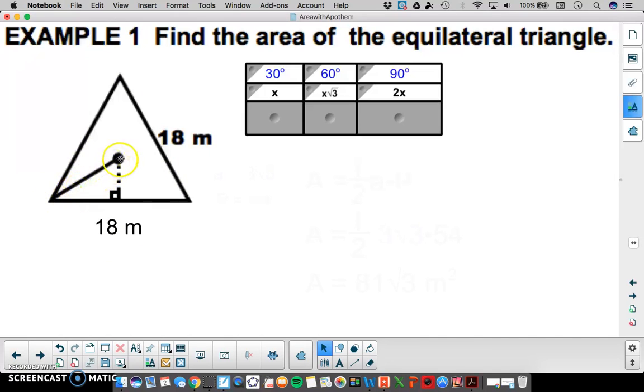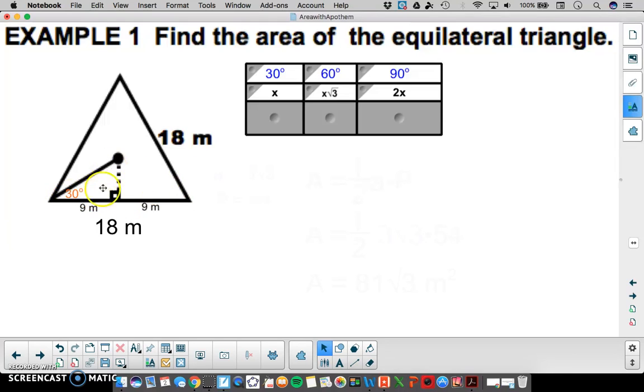This solid segment here is the radius, and the dotted line is our apothem. The apothem cuts the side in half, therefore we know this piece here is 9, and this other piece here is 9. In order to solve for the apothem, we're going to use that 30, 60, 90 triangle and find the length of the apothem.